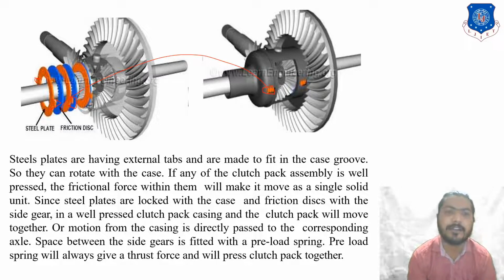Since the steel plates are locked with the case and the friction discs with the side gear, in a well pressed clutch plate the casing and the clutch pack will move together. The motion from the casing is directly passed to the corresponding axle. The space between the side gears is fitted with a preloaded spring, which will always give a thrust force and press the clutch plates together.